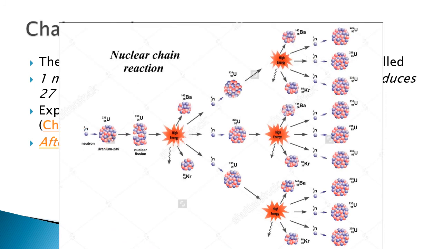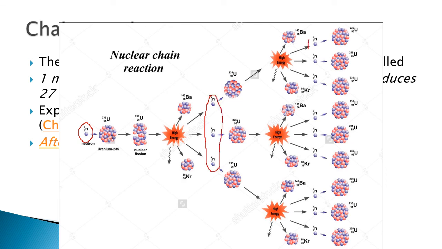Here's a quick little graphic to help explain the point where you have one neutron coming in, hitting that uranium, making it uranium-236, splitting apart just like we saw with barium and krypton, but when those come out, we get 3 neutrons coming out.